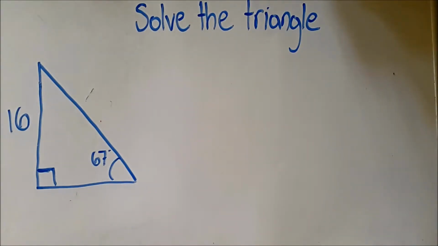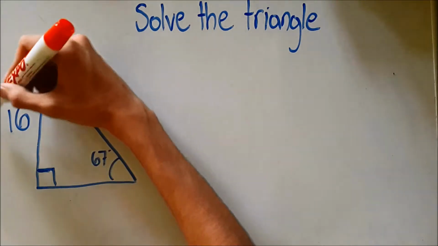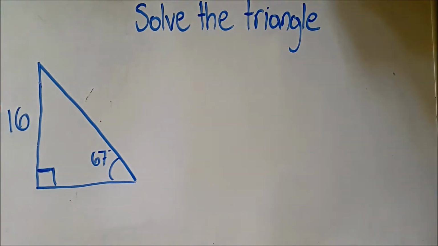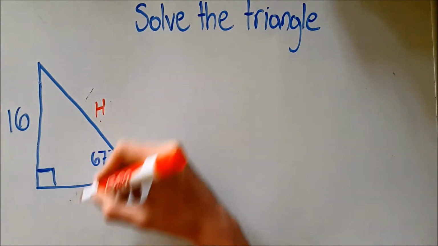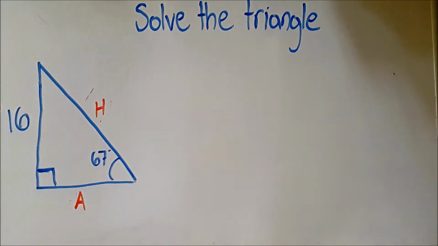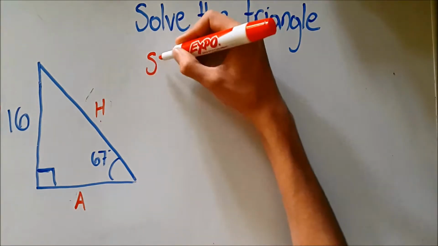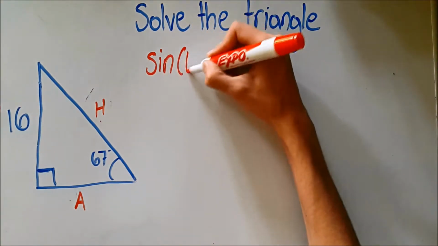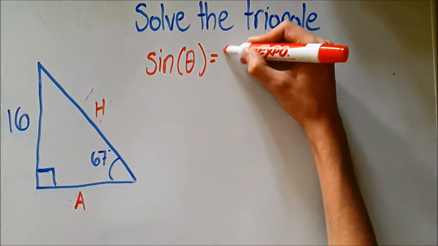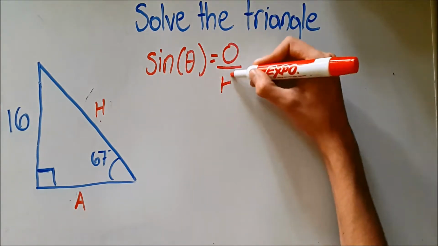We are now going to solve a triangle using trigonometric functions, which means that we are going to find the sides of a triangle. We are already given the opposite side of the angle. Therefore, we're going to have to find the hypotenuse and the adjacent. Let's begin with the hypotenuse. To find the hypotenuse, we need to understand what type of trigonometric function we're going to use. Since we are given the opposite, we are going to use the sine function, which is the sine of theta equal to opposite over hypotenuse.